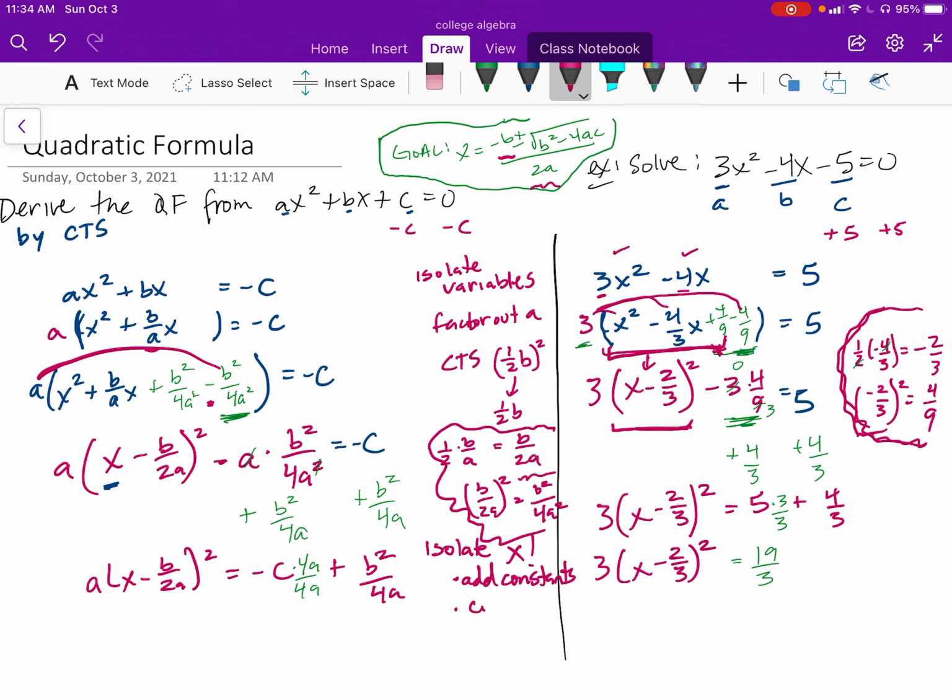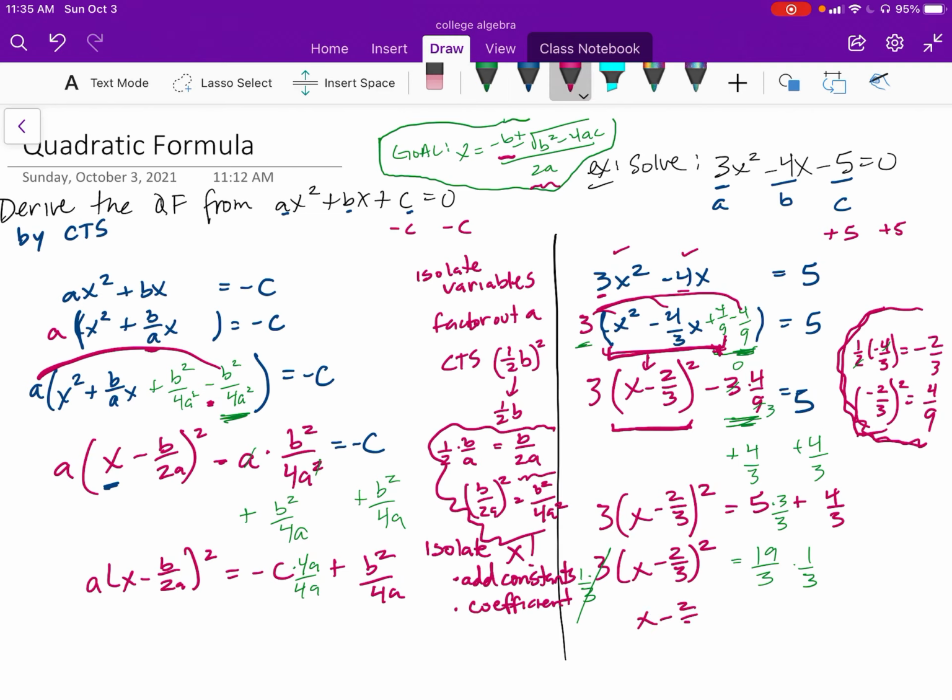So get rid of the coefficient. So on the right-hand side, why I say let's multiply by 1/3 rather than dividing by 3, because when we have fractions, it's just easier to do this rather than dividing by 3. But dividing by 3 and multiplying by 1/3 is the same result.